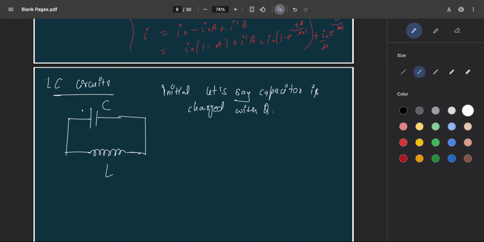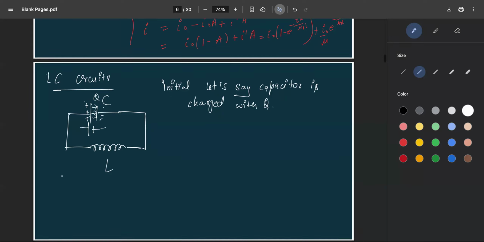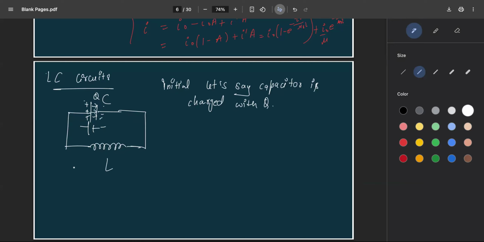You know very well that if Q is the charge on the capacitor, the electric field might be this. So this is positive, this is positive. You can see that this is acting as a battery, right? What is the potential? That is V equals Q by C. Because of this potential, small charges will start flowing. So due to that, some small current I will also be flowing.